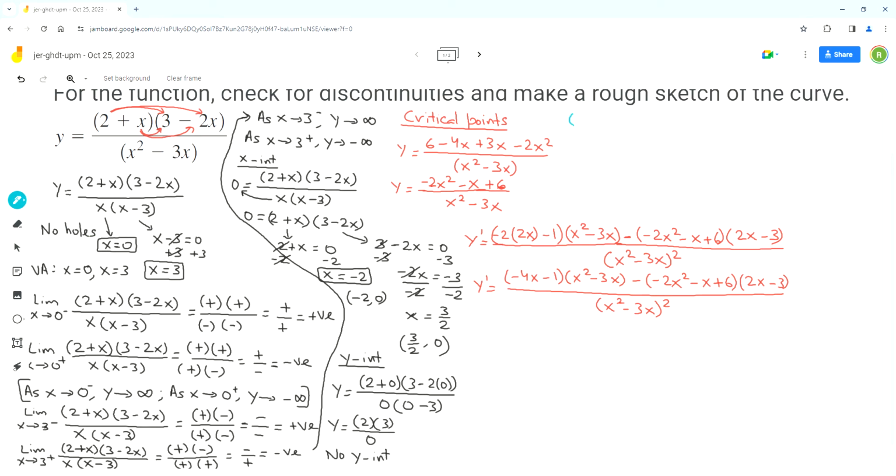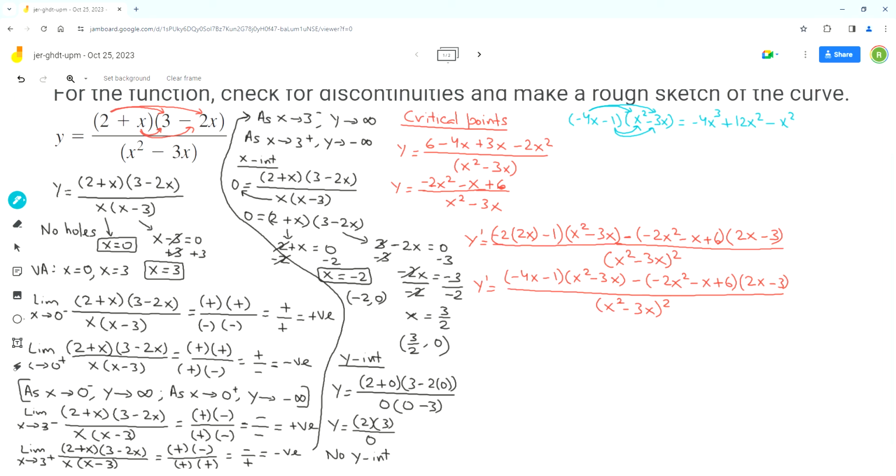So if I do (-4x - 1) times (x² - 3x), we use the FOIL method. -4x times x² is -4x³. -4x times -3x is plus 12x². -1 times x² is -x².